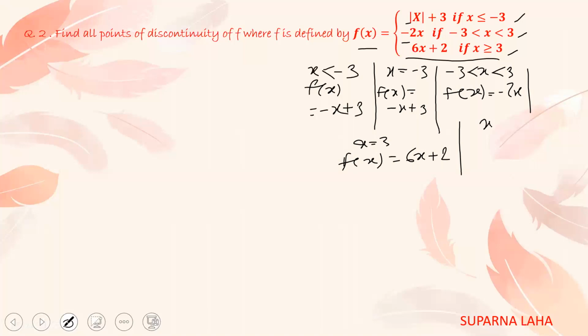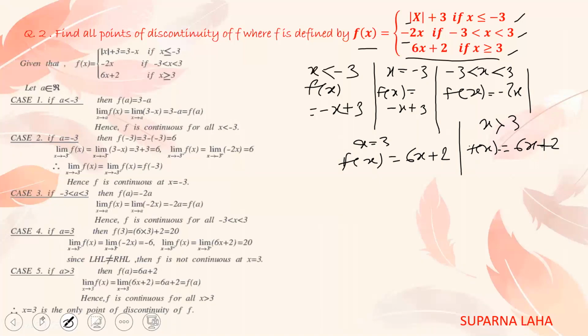And for x greater than 3, the function is also 6x plus 2. So I can divide this function into 5 parts. We need to check these 5 cases.